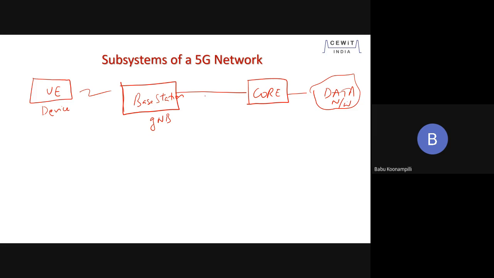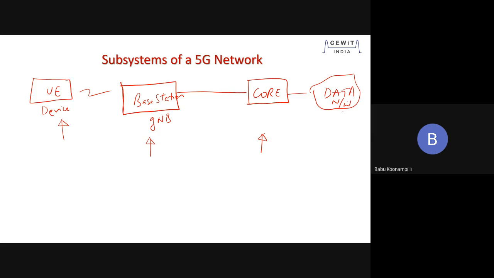So you can see that the network as such is made up of a base station and a core, two major components. And of course, UE is also part of it as a user device. This is what we call 5G: the 5G specifications and technology influence these three parts. The UE technologies, how the UE is designed, how the base station is designed, and how the core is designed.